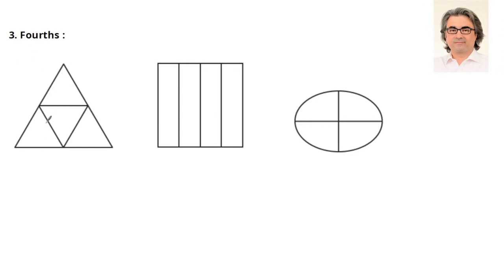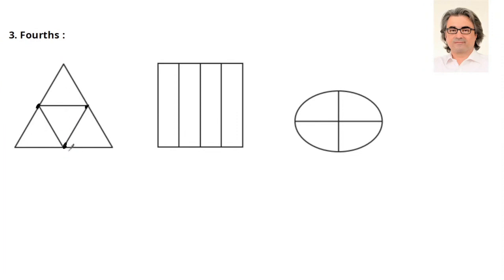Fourths. Now in the first picture I have an equilateral triangle, and I marked the midpoints of all sides of this triangle. If you connect the midpoints to each other, you will get another triangle inside the equilateral triangle.